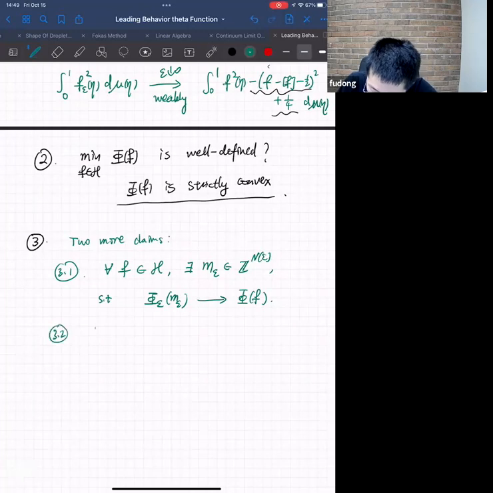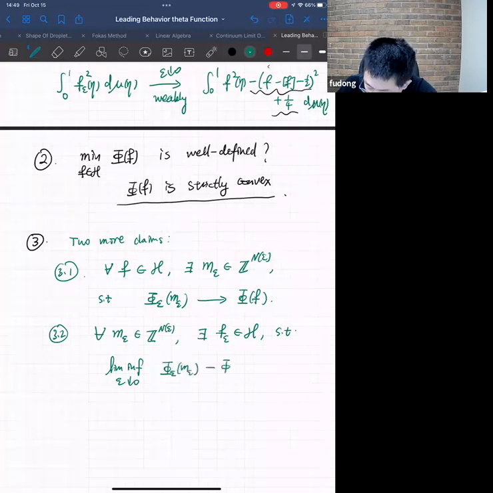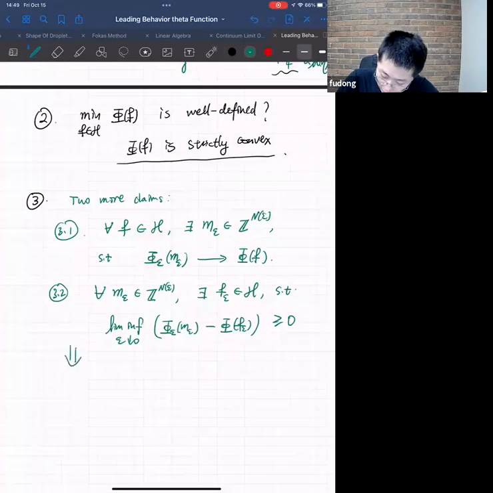The second claim is you pick elements from the discrete problem, then you can find f epsilon in the continuous problem such that the limit inf of this is non-negative.